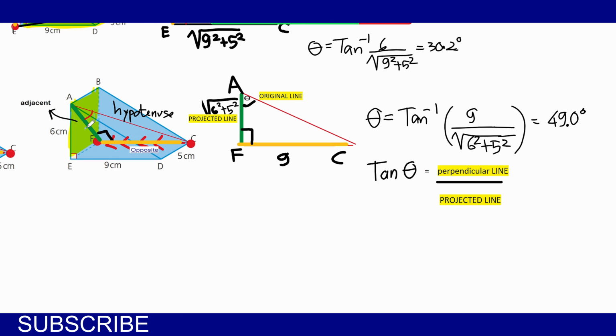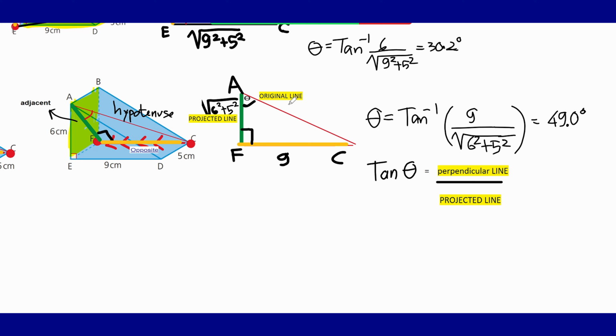This is for sure a right angle triangle. How do we know? Because this is the perpendicular line projected towards the plane ABFE. So the yellow and the green line form a right angle triangle, and this is the hypotenuse.